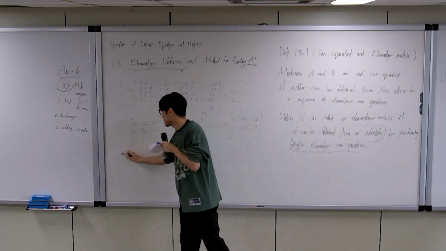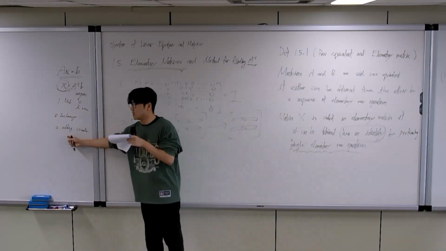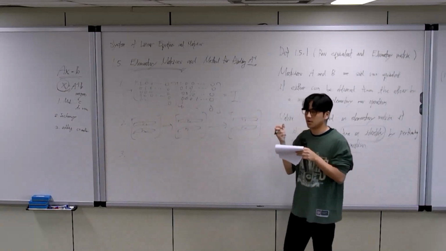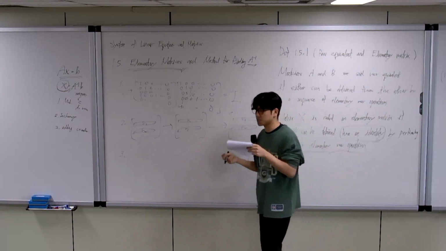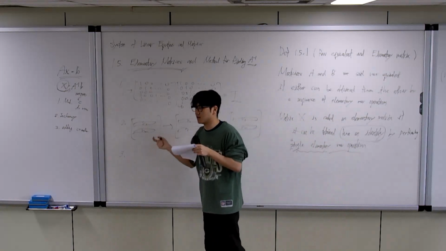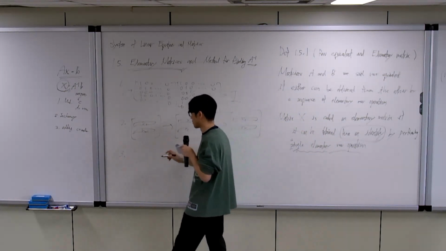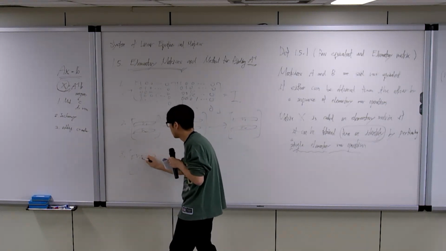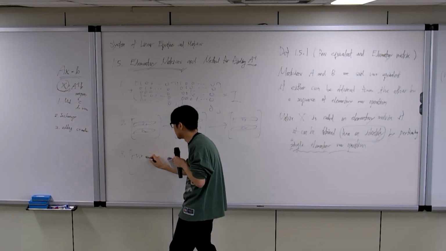And the third one is, since we are adding another row, by subtracting the rows, we can get the original identity matrix.